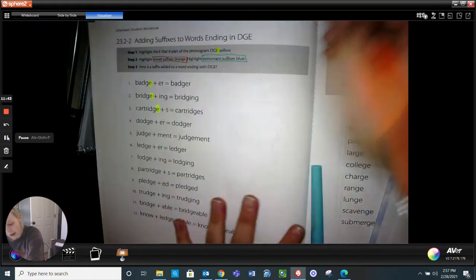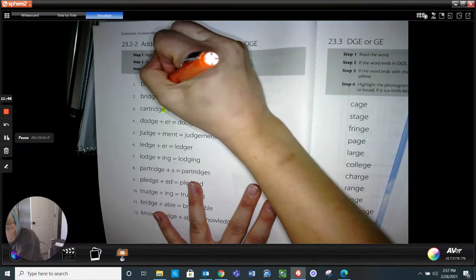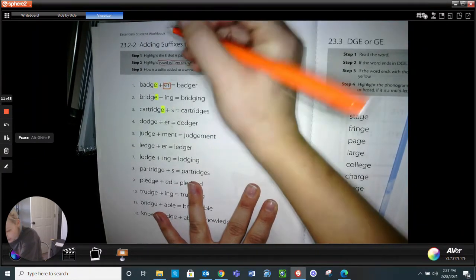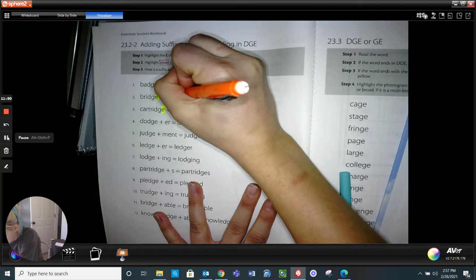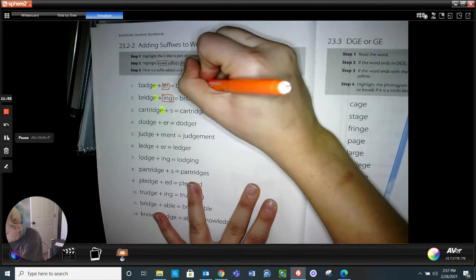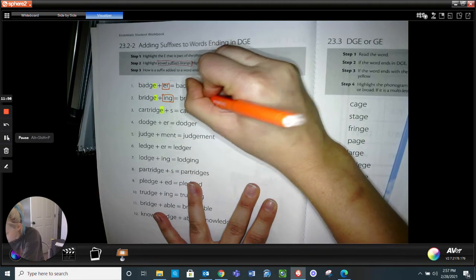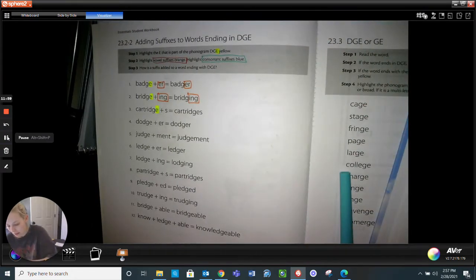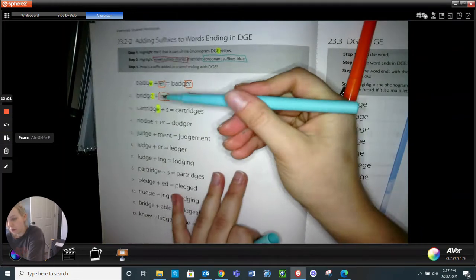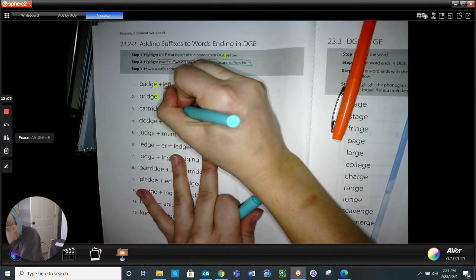All right, so highlight or box these in orange. And do it on the new word also. And then switch over to blue for number 3.